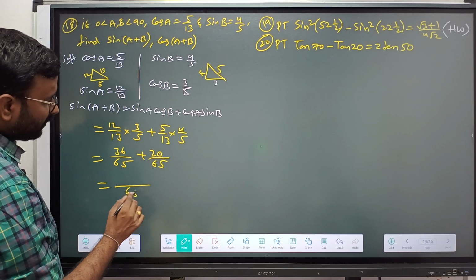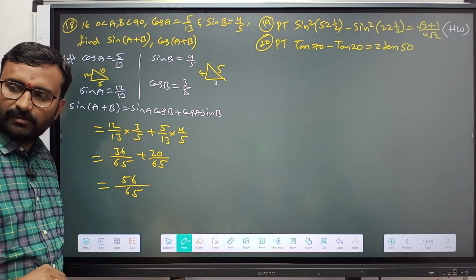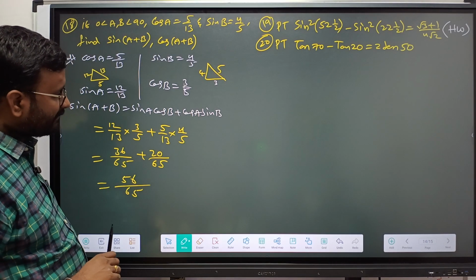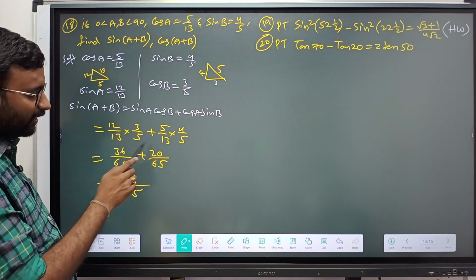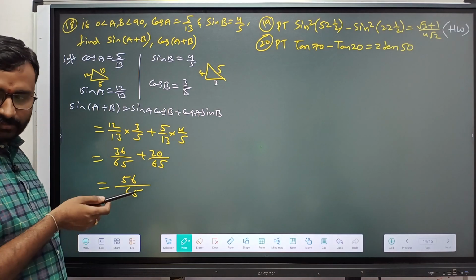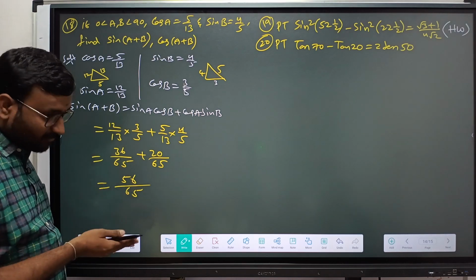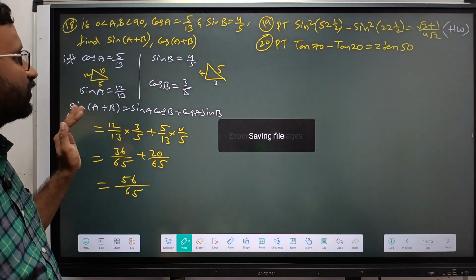So LCM 65, 36 plus 20, 56 by 65. If you cancel here, 4 by 13, again LCM 65. Here it is not cancelling, right? So try to solve without cancelling. If you want to cancel, finally you can cancel easily. Okay, so this is the solution for this.